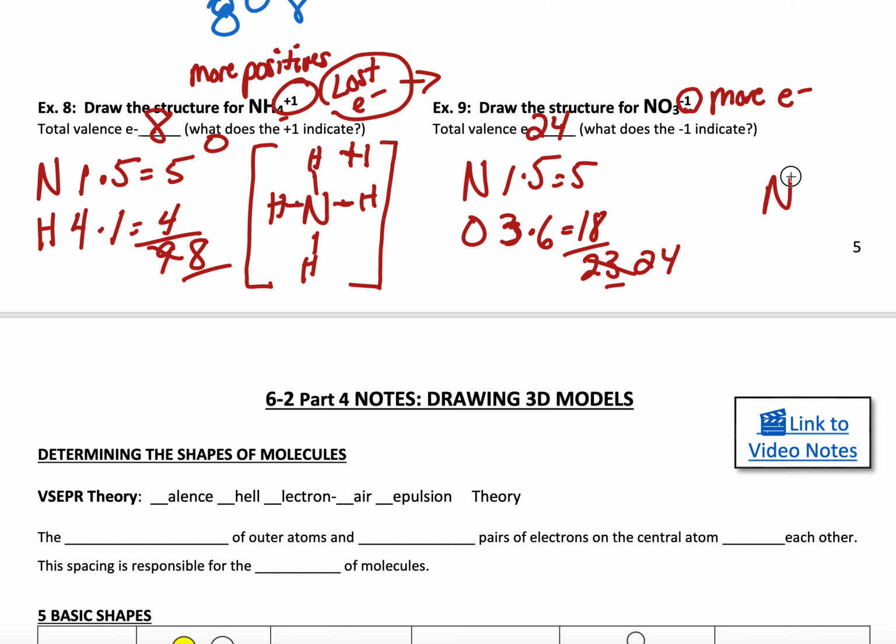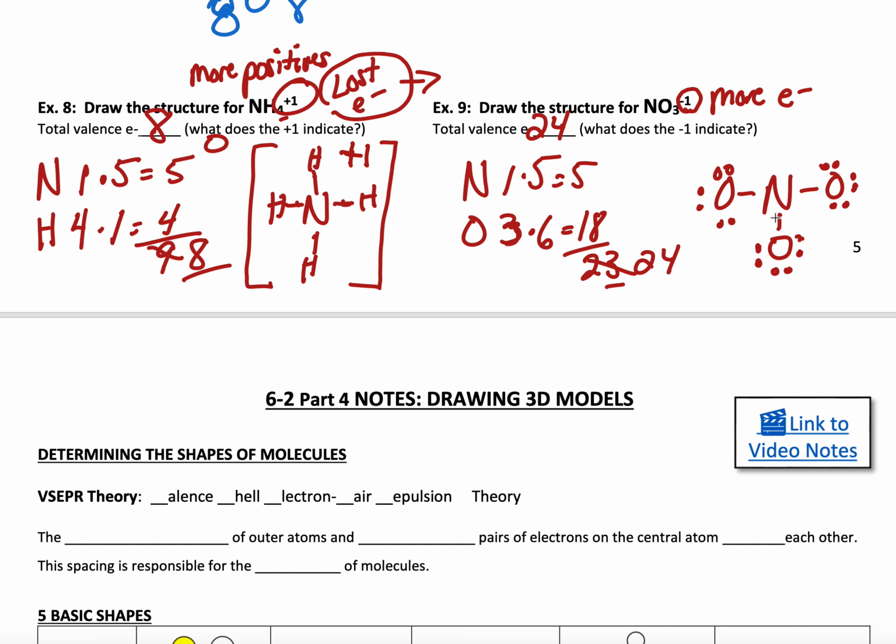Put the N in the center, surrounded by the oxygens, single bonds. Now give the outer guys an octet. Let's give it 6. Give this one 6, plus the 2 in the bond is 8. This one gets 6, plus the 2 in the bond is 8. All right, everybody's got an octet around the outside.